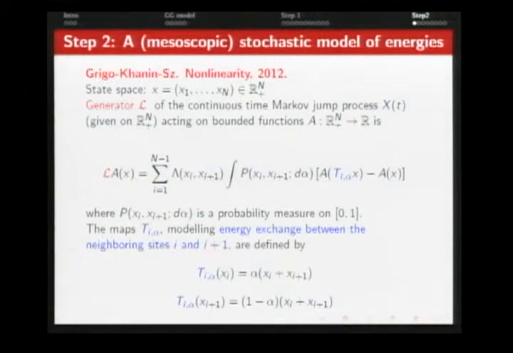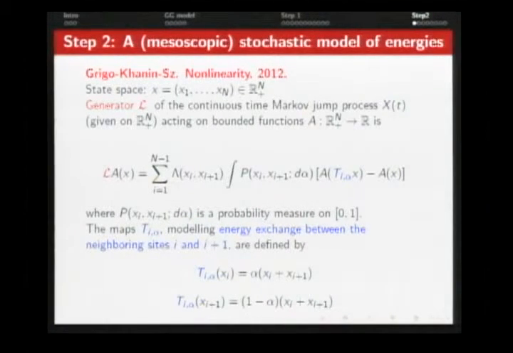So you see this resembles our model. This is the rate along the binary bond. There is also a kernel which depends on the incoming energies, and there is a random choice alpha.